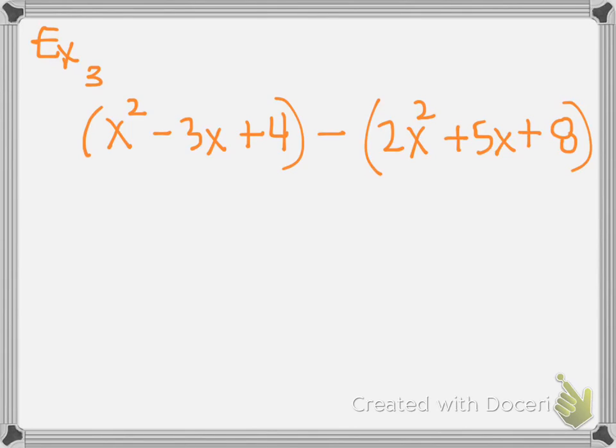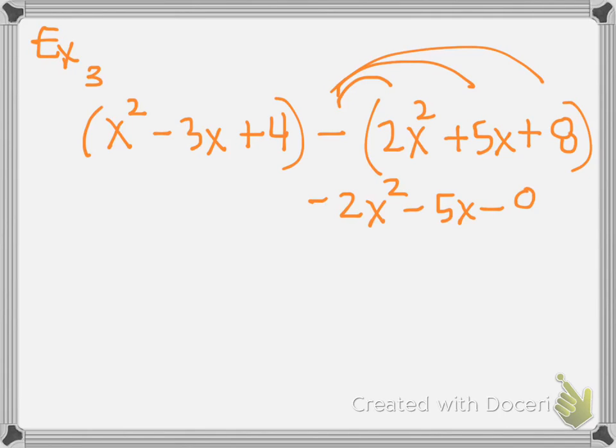Let's do one more of those guys. Okay, this next one. This is subtraction, so I distribute the negative to change all the signs. So I get negative 2x squared, negative 5x, and negative 8. And then I'm just going to add the like terms.